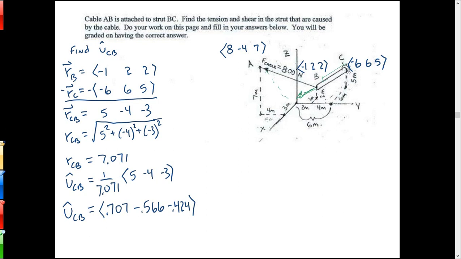So I'm going to use UCB. I'm going to take RB minus RC, get RCB, take the square root of the sum of the squares, and I get 7.071. Divide through by that, I get the unit vector from C to B.